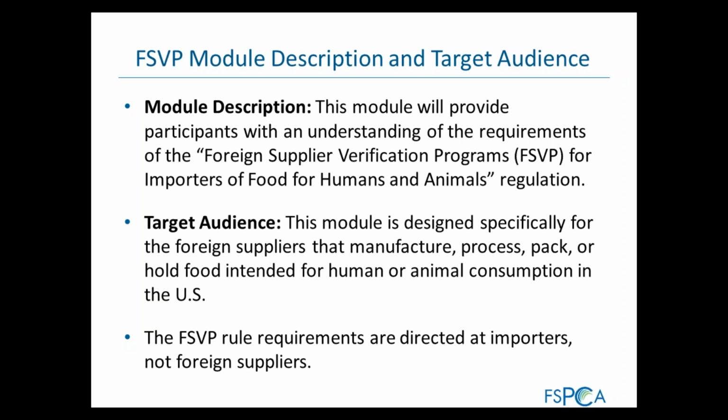The target audience, as this presentation is defined, is for foreign suppliers that actually manufacture, process, pack, or hold animal food intended for consumption in the U.S. But I think that the module as it is written thoroughly explains the rule as it applies to the importer here in the U.S. The rule requirements are directed at the importers, not the foreign suppliers. So you as an importer of animal food from outside the U.S. need to comply with this rule.